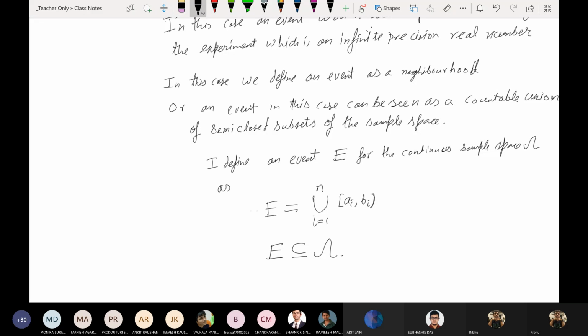You know what a partition is? Yes, sir. Okay. So the semi-openness is necessary for having partitions of the sample space. Otherwise, it's hard to have partitions of the sample space. And partitions are important for us.